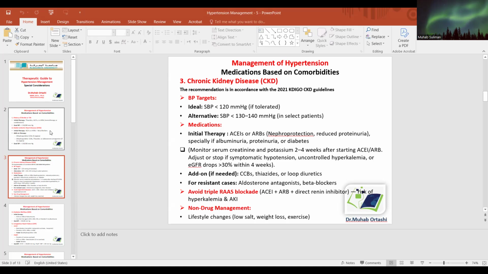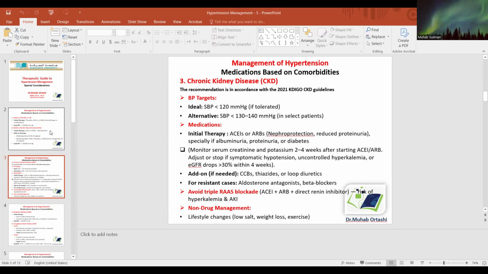If the patient has symptomatic hypotension after using the drug, or uncontrolled hyperkalemia, because the drug can cause hyperkalemia, a high potassium level, or the GFR or creatinine of the patient is decreased by more than 30, so we have to adjust the dose or even stop the drug. If not, we can continue the drug.